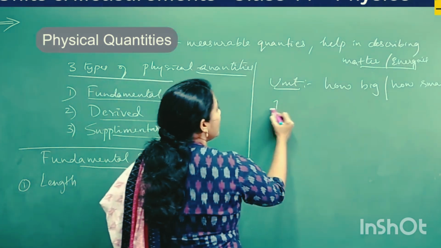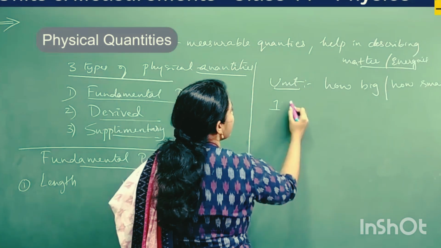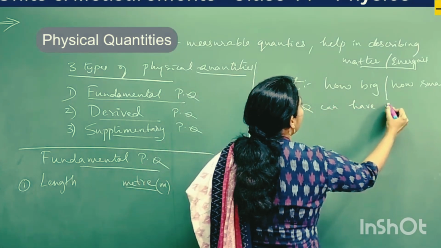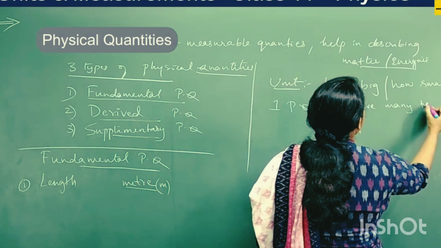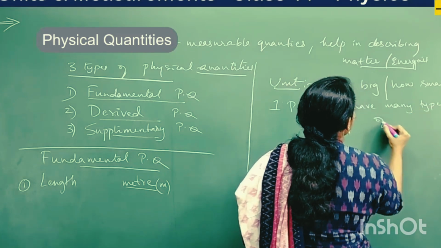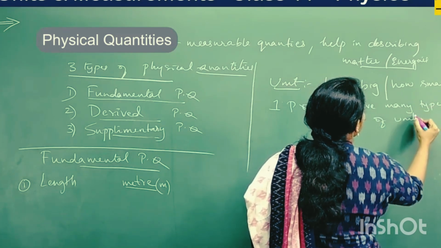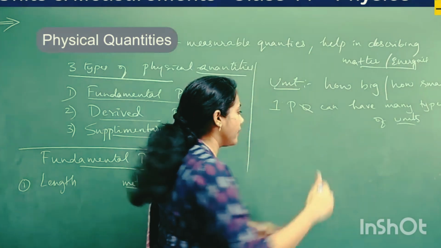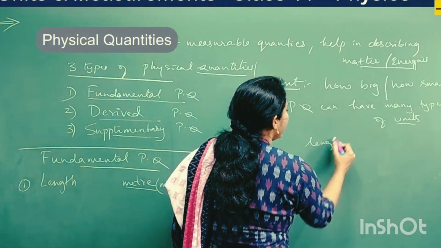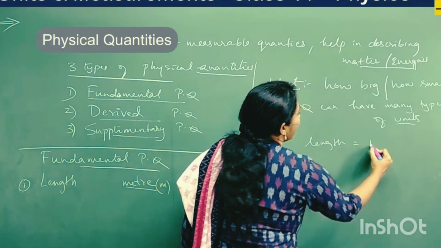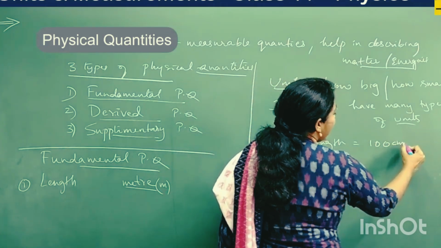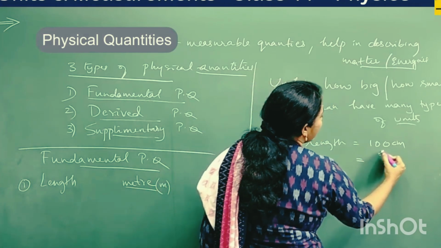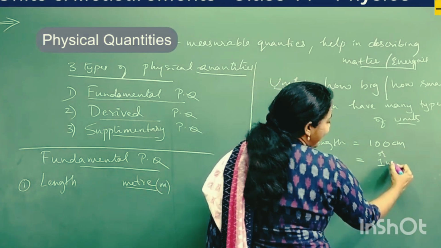One physical quantity can have many types of units. Clear? Say for example, the length of some rod is about, I would say, 100 centimeter. Or the same thing I can also call it as 1 meter, right?